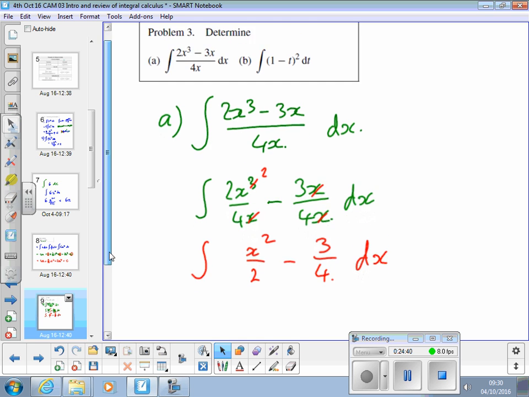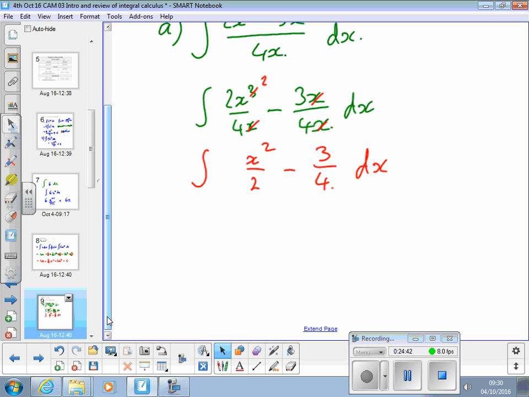So we've got to do the integral of 3/4 subtracted from the integral of x squared over 2. What are the integrals of those? x cubed over 6.